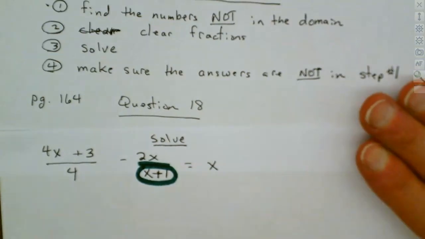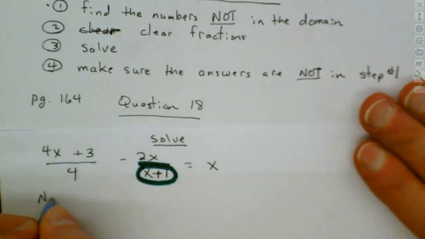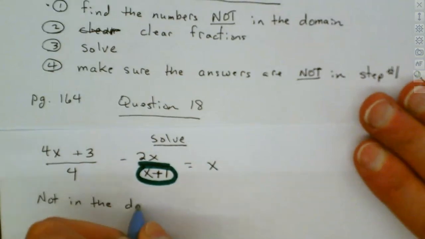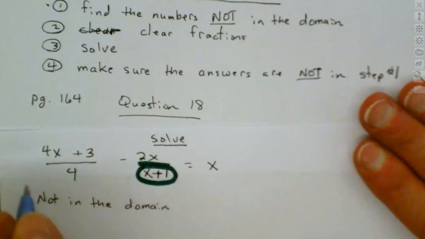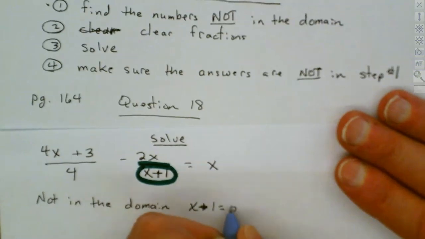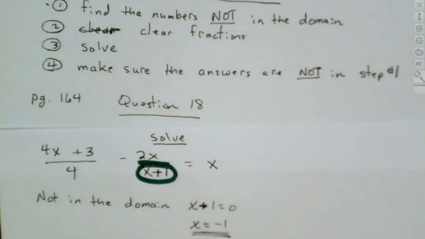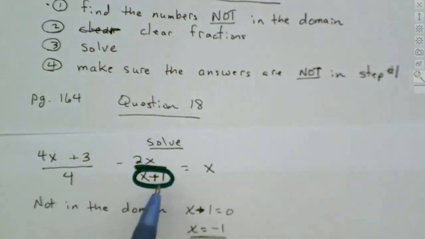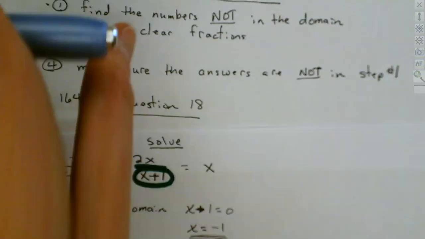So what number is not going to be in the domain? Well, once you do a few of these, you won't have to write them out, but until we get to that point, we'll write it out. So we've got x plus 1 equals 0. So what number is not in that domain? -1. Because -1 would make this what? 0, and we can't do that. There's no x here, so that one's okay.